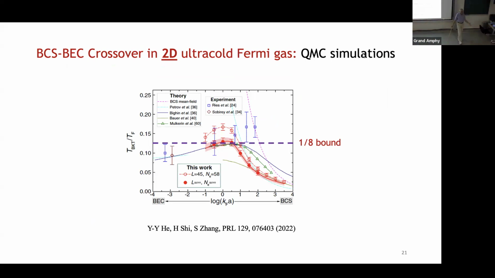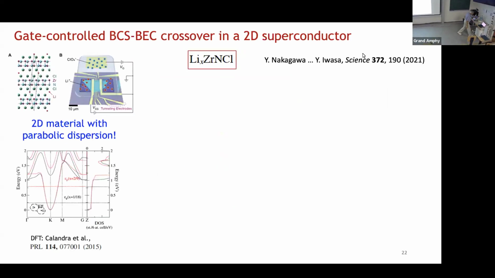But this is still Monte Carlo. What about experiment? There was an experiment 2 years after our paper in this amazing group. Yoshi Iwasa has been working for years on ionic liquid gating of superconductors. So he took this.